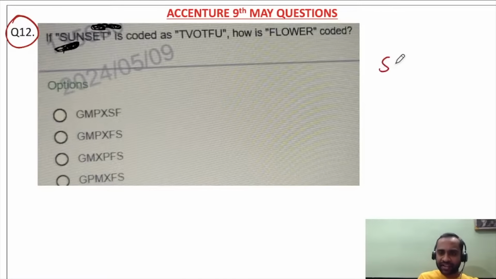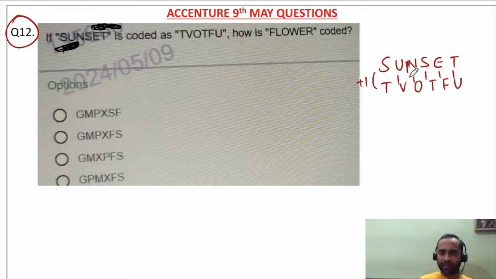Now if sunset is coded as TVO TFU, this is again plus 1 plus 1 plus 1 plus 1 plus 1 plus 1. Then how will flower be coded?